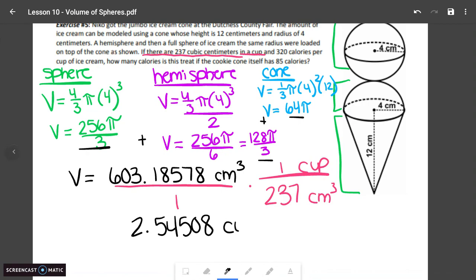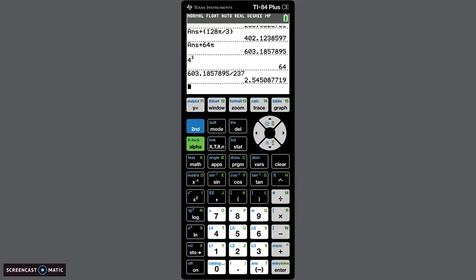Okay, so that's cups. And in a cup, it's got 320 calories per cup. So think of that, 320 calories per 1 cup. So now I put the cup on the bottom because, again, I'm trying to cancel out that unit. So now I can be in calories. So I'm going to multiply this time by 320.